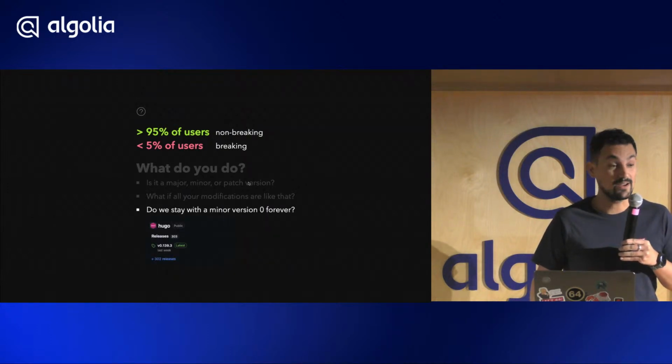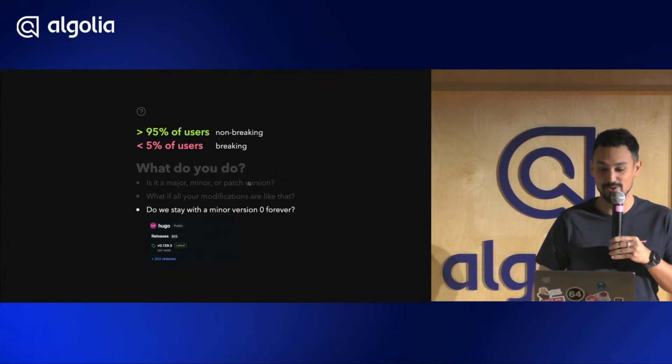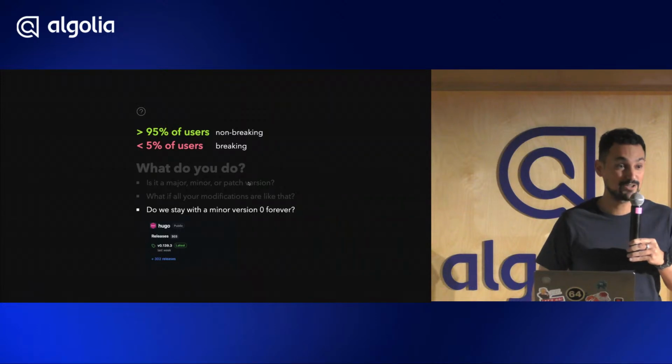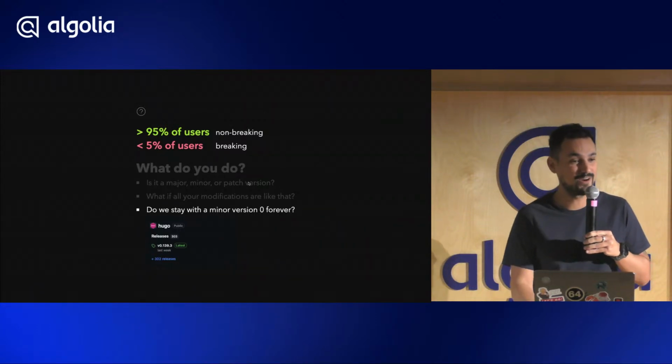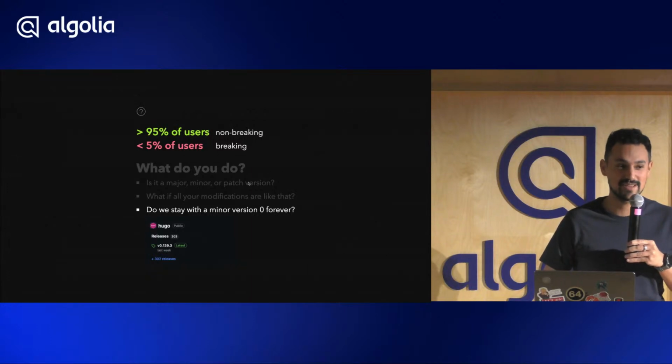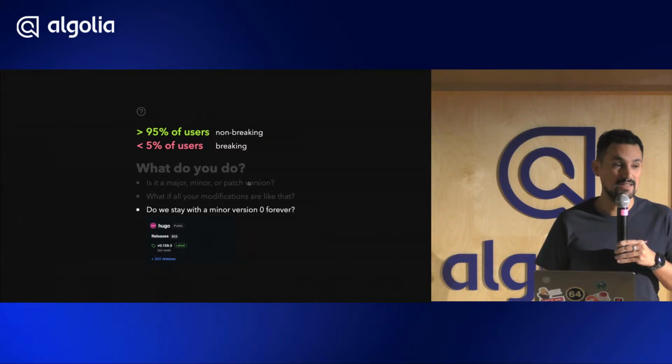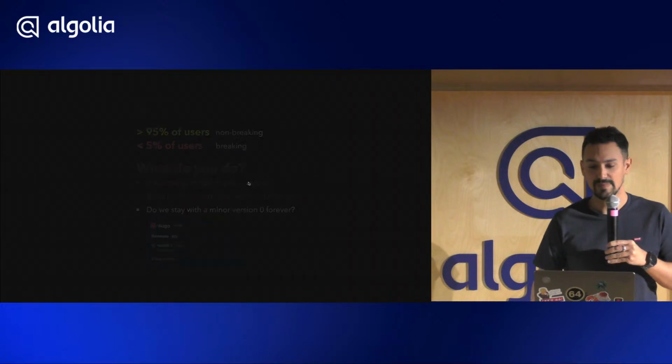So do we stay with the minor version 0 forever, like Hugo with the 0.139 version? Do we only have major versions? Maybe we would have Bootstrap 324. I don't have the solution, but that's tricky because every time we touch something, it can be breaking, right?